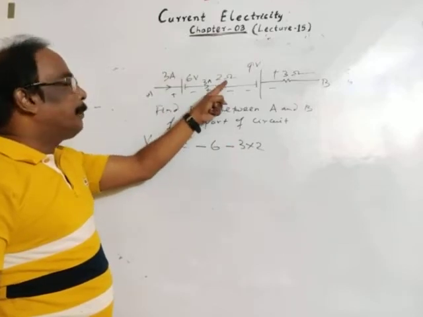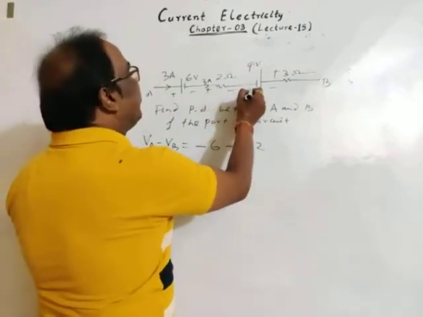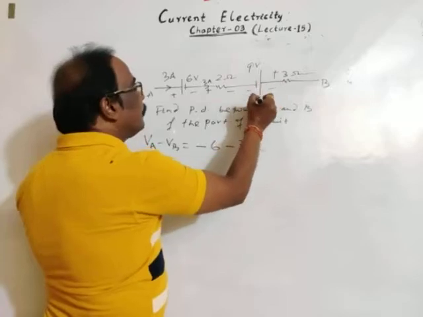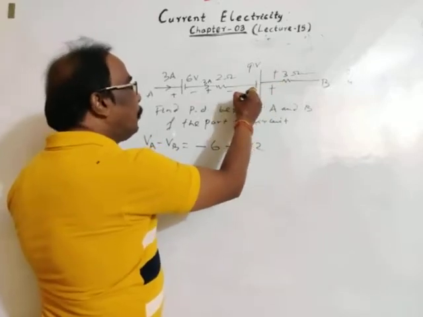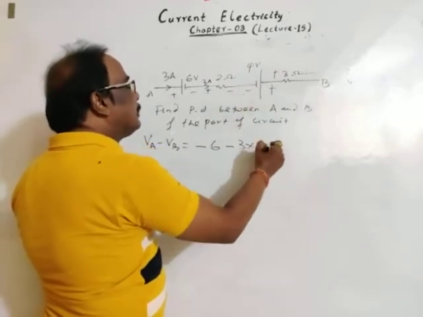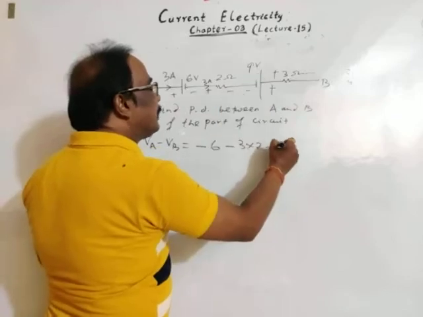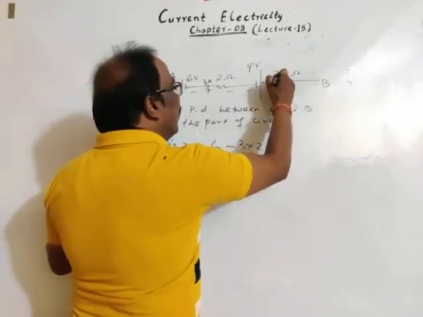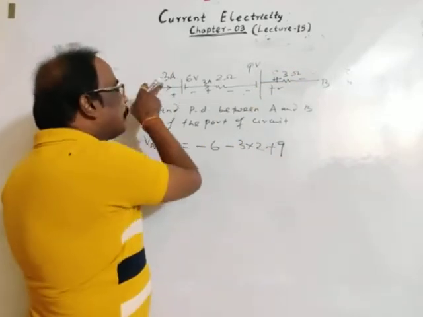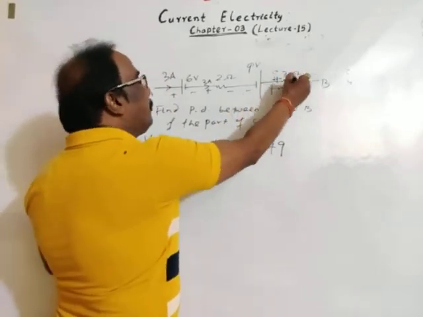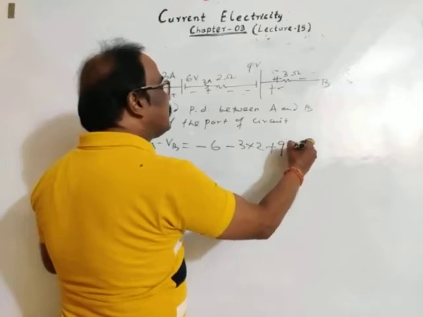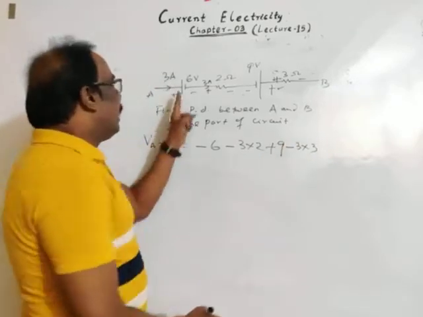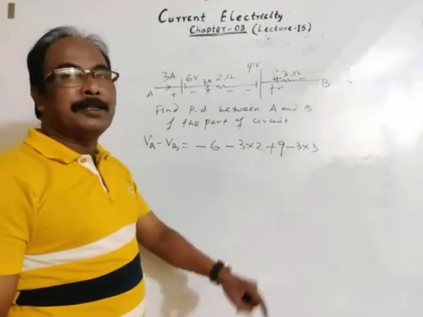Then again, we are traveling from negative to positive, low potential to high potential, then sign is positive, 9 volt. Then current flows from high potential to low potential, minus 3 into 3.